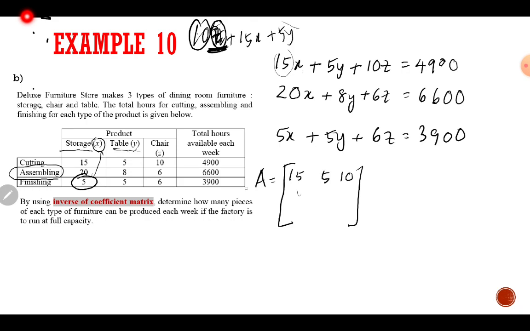So you have to rearrange. Dia pergi ke belakang. So it's supposed to be 15X plus 5Y plus 10Z. Sebabnya your matrix X ni you dah susun X, Y and Z. Okay. Kecuali kalau you letak Z tu kat depan, then it's fine for you to put kat depan lah 10 tu.